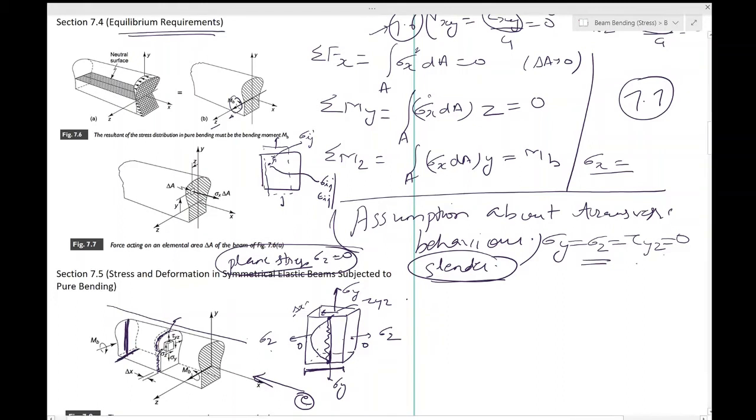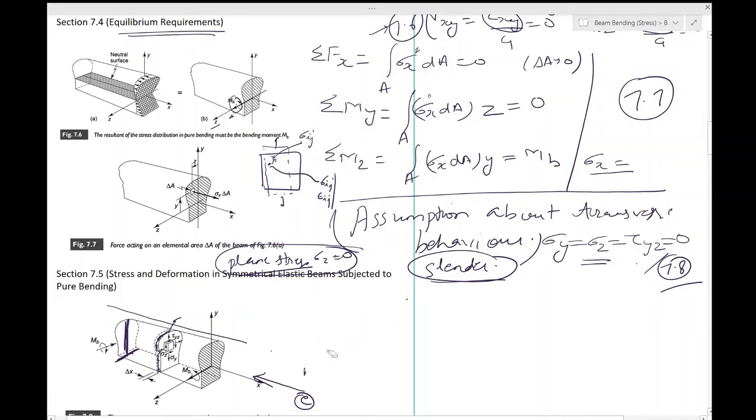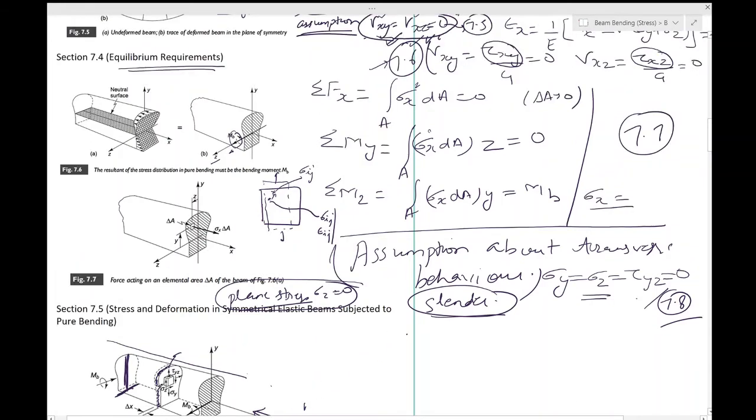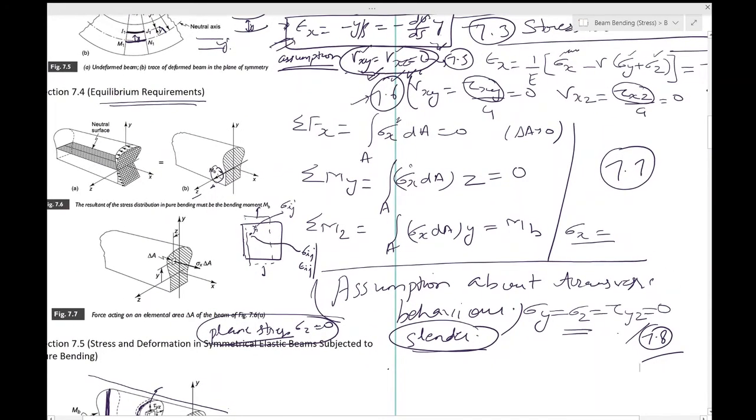So this assumption is 7.8. With this assumption, we are left with only one non-zero stress component. Let's see which ones we have found out. Let me use my other color, green.